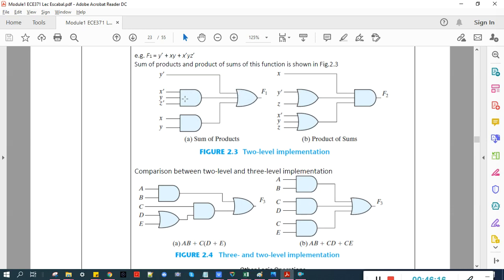Then we have AND gates for the products. For the product of sums, the final operation is product or AND operation, so we use this AND gate. And for the sum, we use the OR gates, which are closer to the inputs.